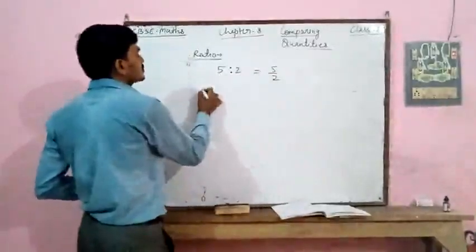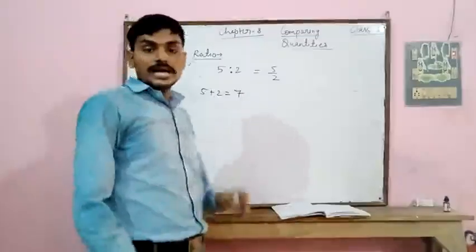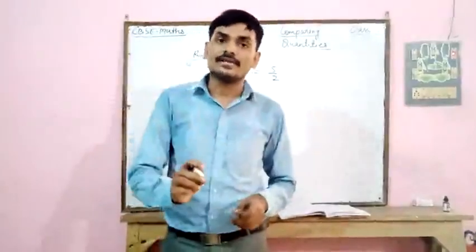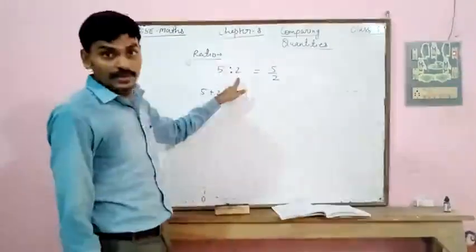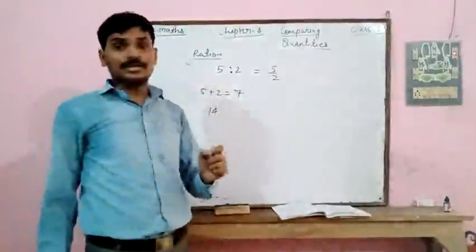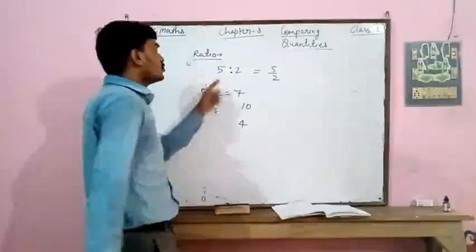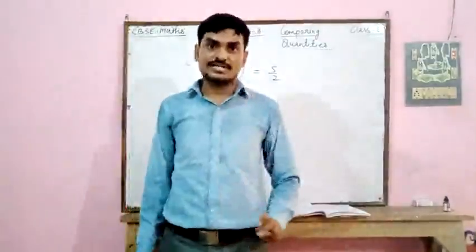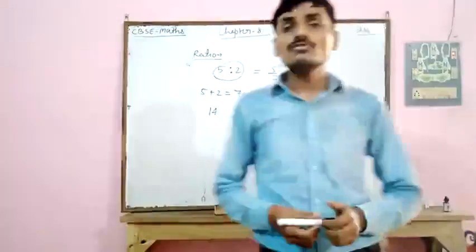Just add these two, 5 plus 2, which is 7. If the total number of pens is 7, then one has 5 pens and the other has 2 pens. If the total number of pens is 14, then one has 10 and the other has 4. So this is the ratio, the comparison between two quantities.